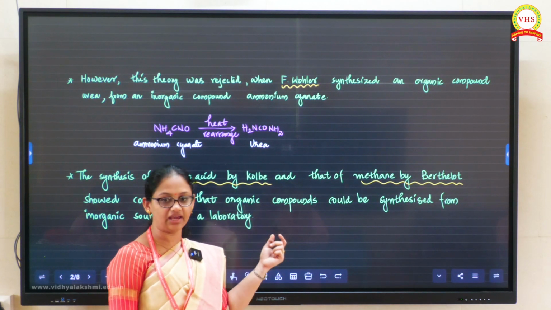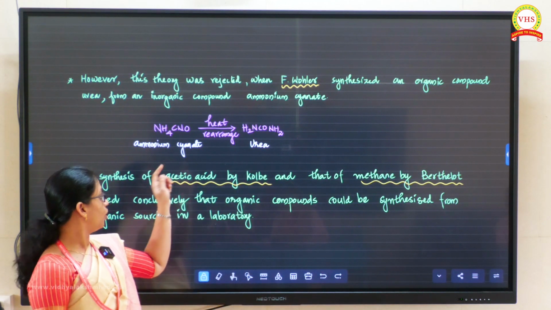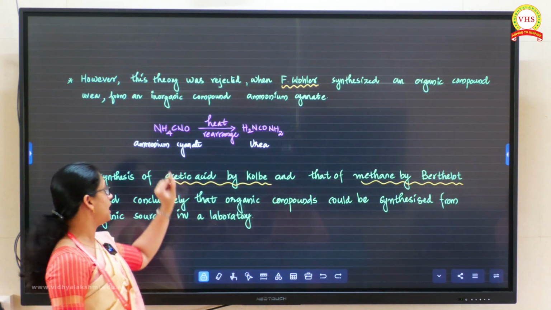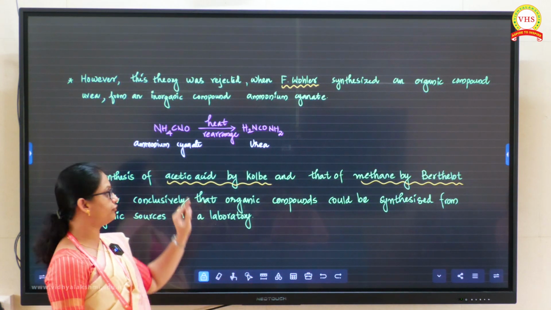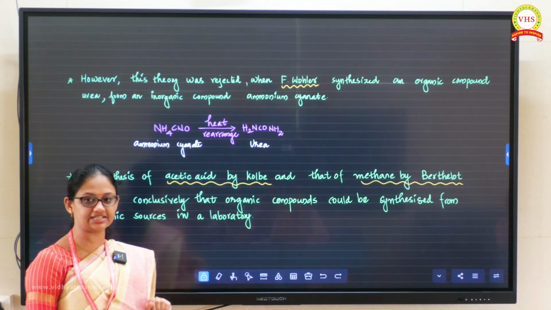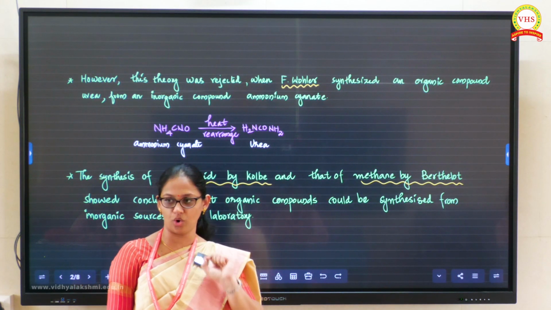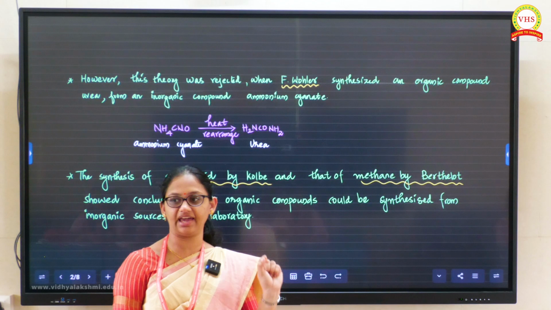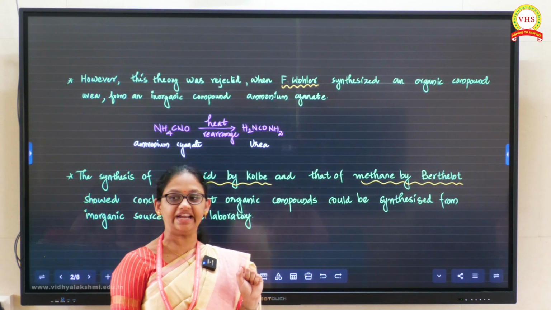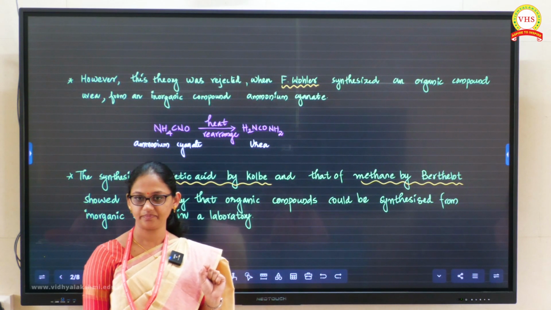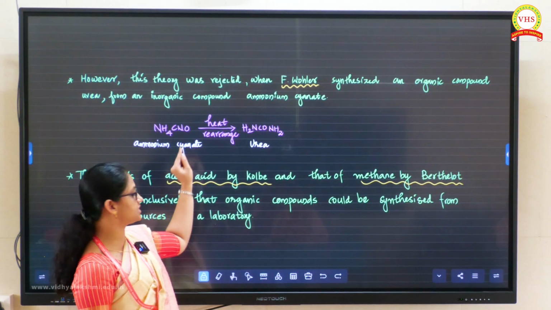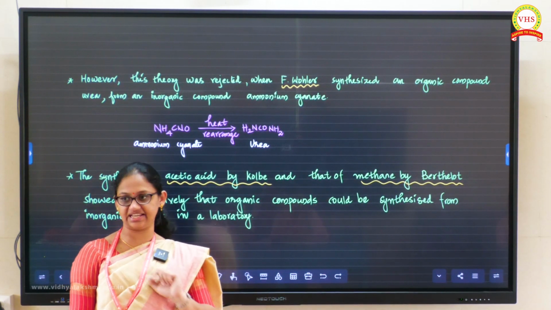This is the preparation of the organic compound urea from ammonium cyanate. The formula of ammonium cyanate is NH4CNO. How many nitrogen atoms are there? 2 nitrogen atoms.